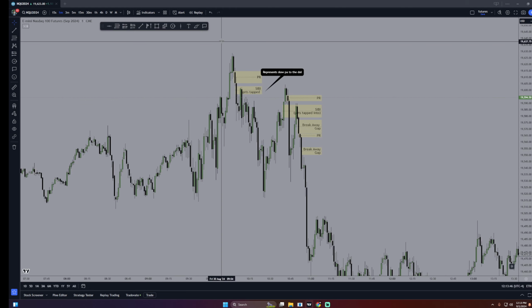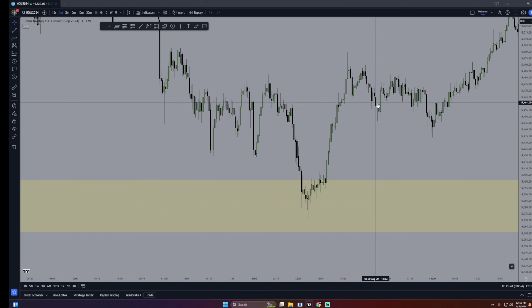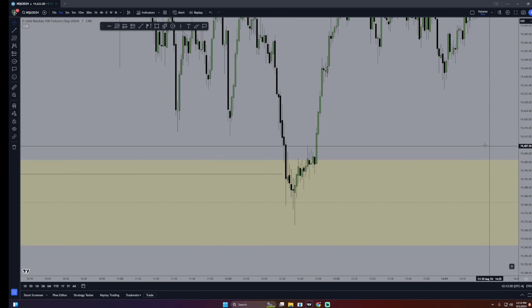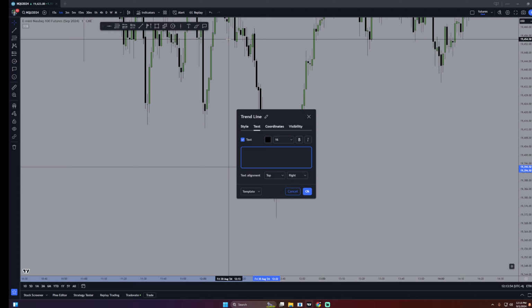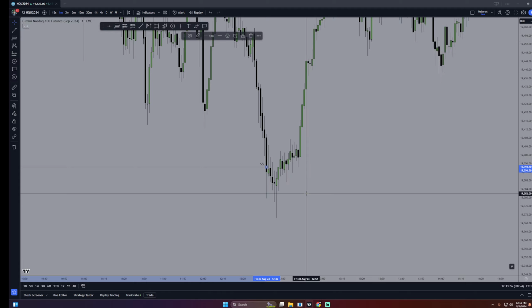Now, let's look at some more examples. At the bottom here, what do we notice? We notice a rebalancement within price.